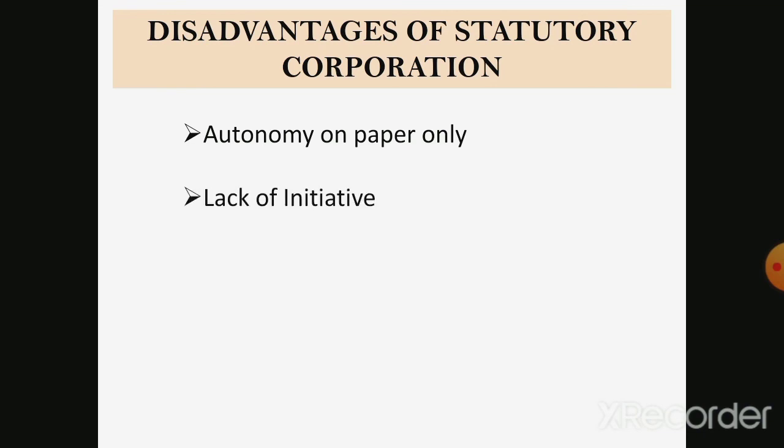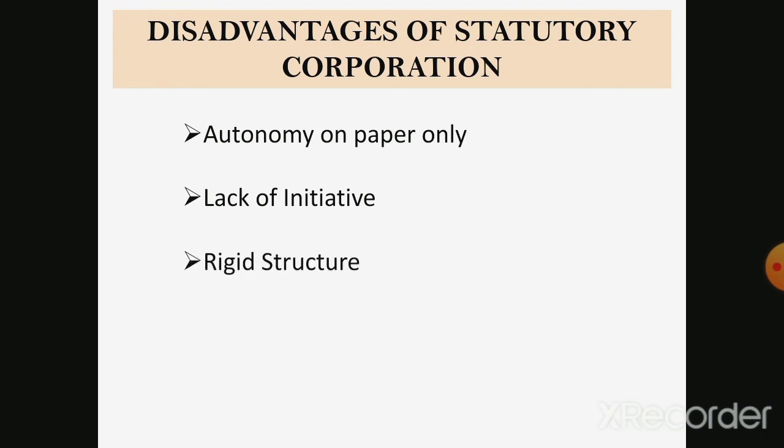Second is lack of initiative, which means public corporation do not face any competition because their main motive is service motive. They are not guided by the profit motive. So the employees do not take initiative to increase the profit and reduce the loss. That is why the losses of public corporation are made good by the government. So there is lack of initiative to make profit for the corporation.